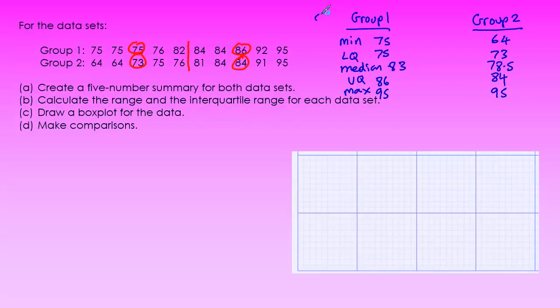So this is part A. Part B, we want the range and interquartile range. So we've got group 1, we've got group 2. Now the range is just the largest, take away the smallest. So 95 take away 75, that's just 20.